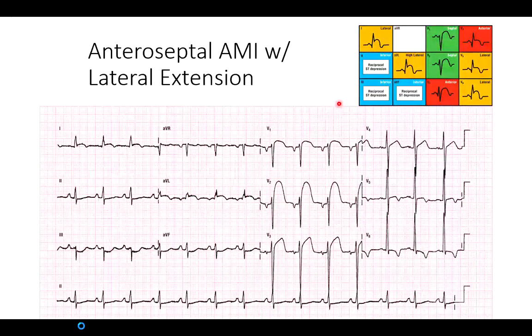Now, one thing that you'll also see is reciprocal changes. So sometimes, and we haven't talked about identifying these in large spectrum, but you'll look for reciprocal changes. In other words, if I see a change, I'm going to look to other areas of the heart to say, is there a reciprocal change? In this case, I see elevation here. I'm going to see depression that happens here, right?